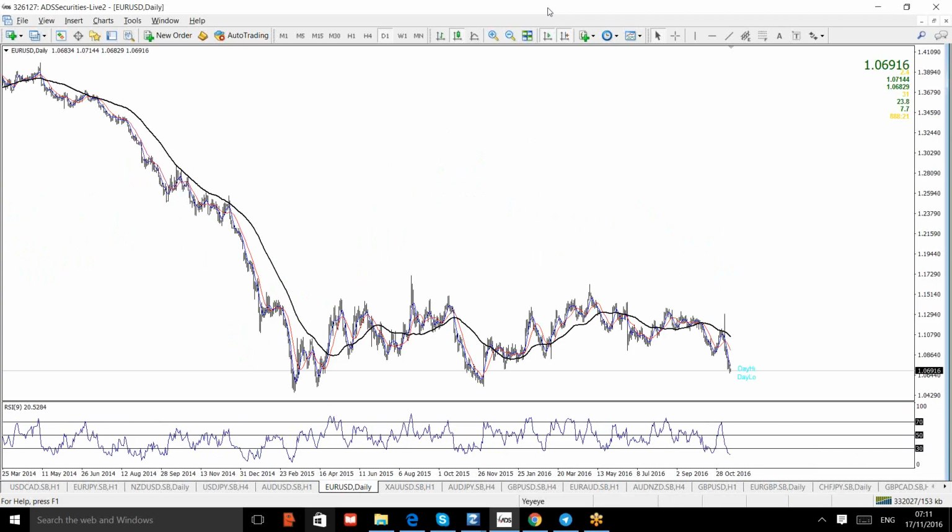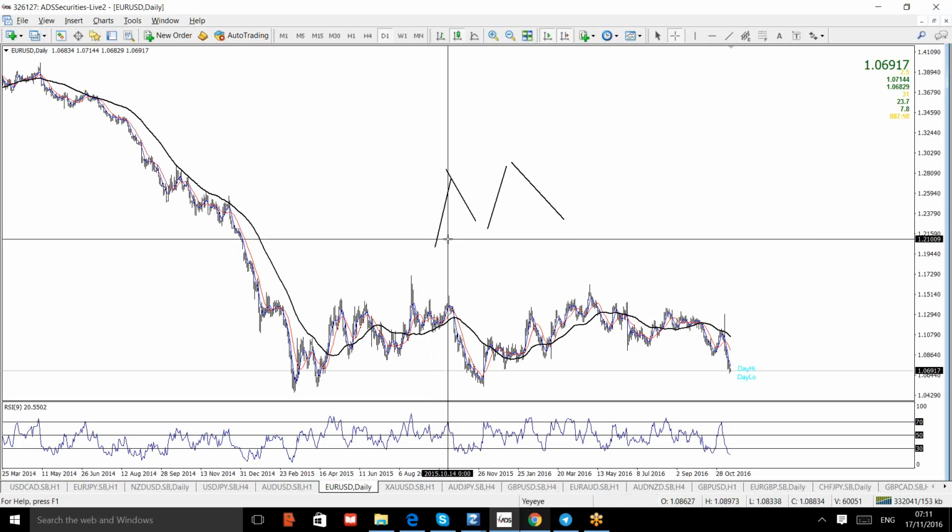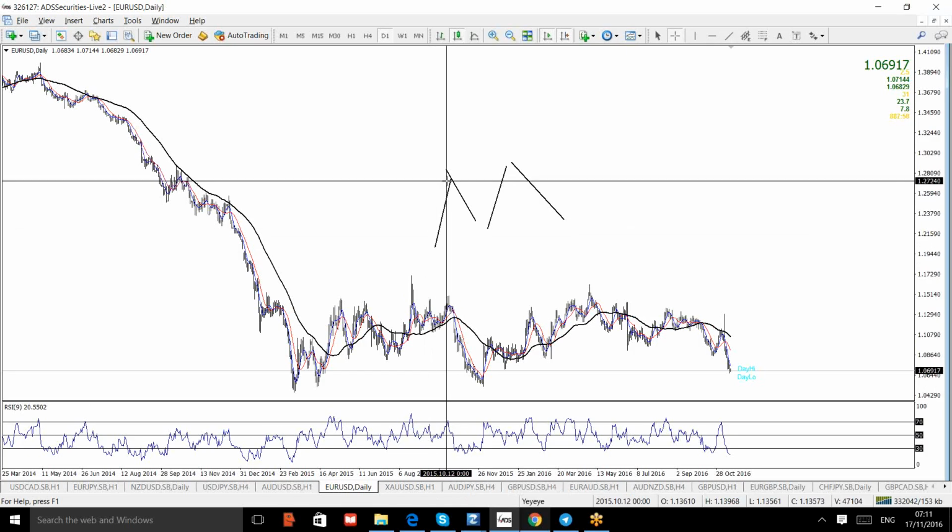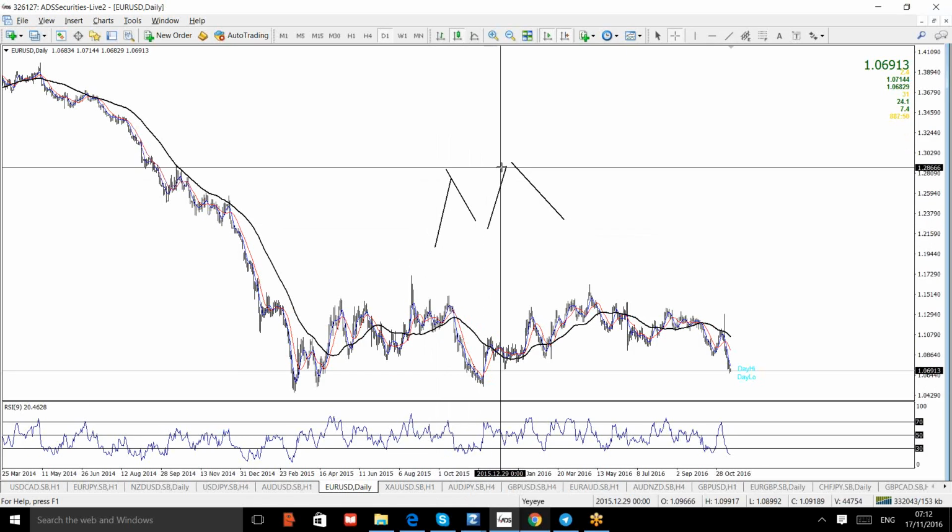Now guys, before this I said the price moves in legs. I had shown you that the price moves like this: it rises, goes back, rises, and then goes back. Remember, these are your legs. Push up, came back, push up, came back.